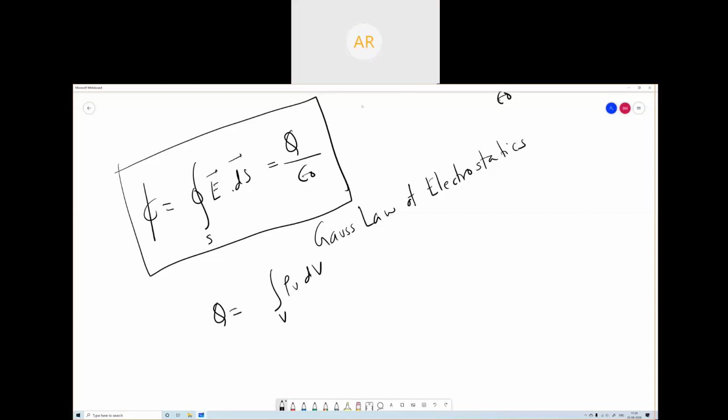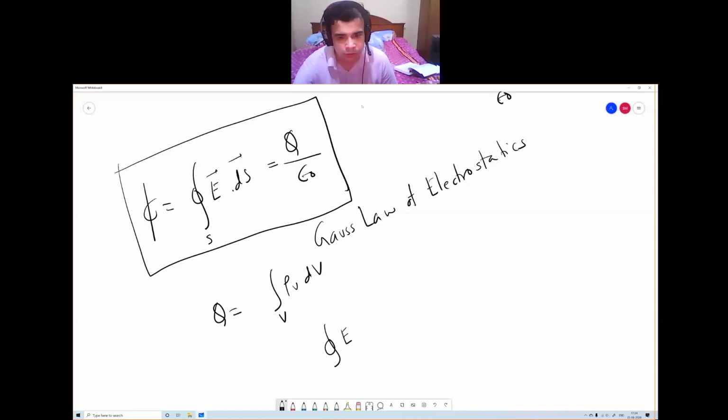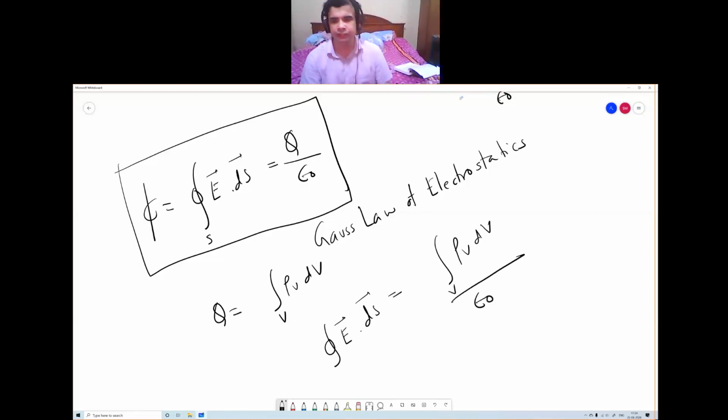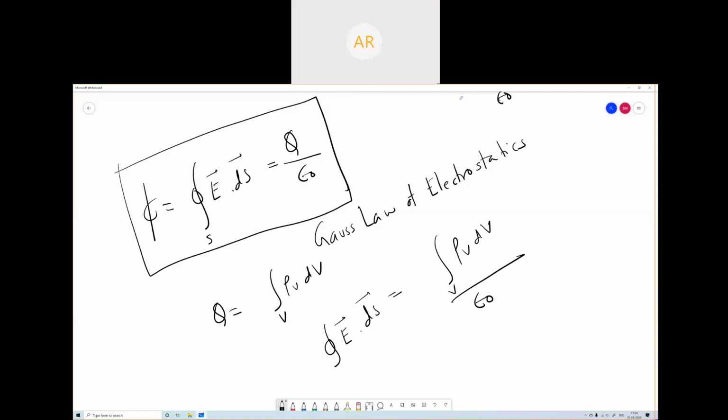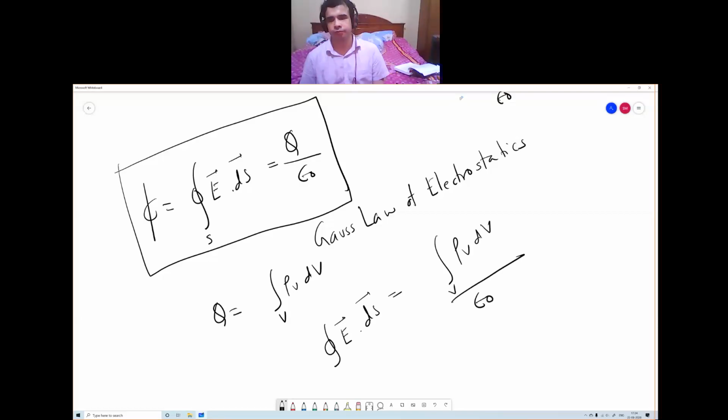So you can write this. Can we write this? Some books write a triple integral also. There is some charge distribution inside the sphere, so Q is equal to this. Is it okay? Yes, sir. Using the divergence theorem.